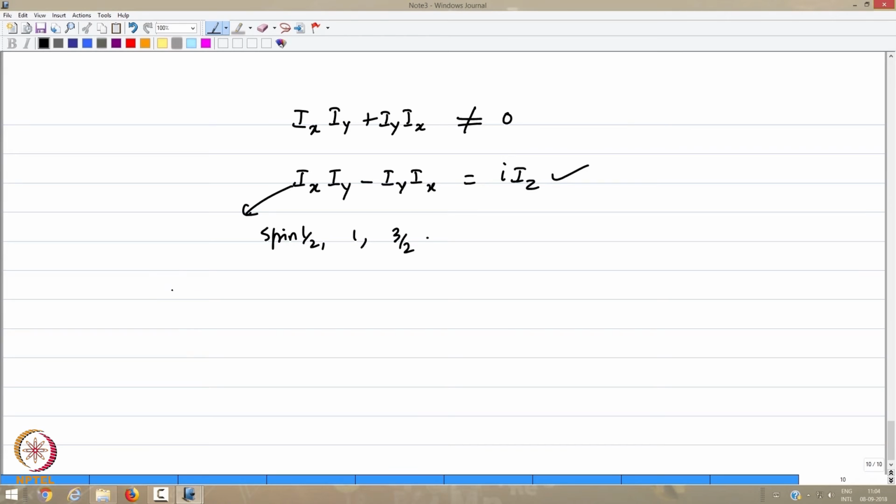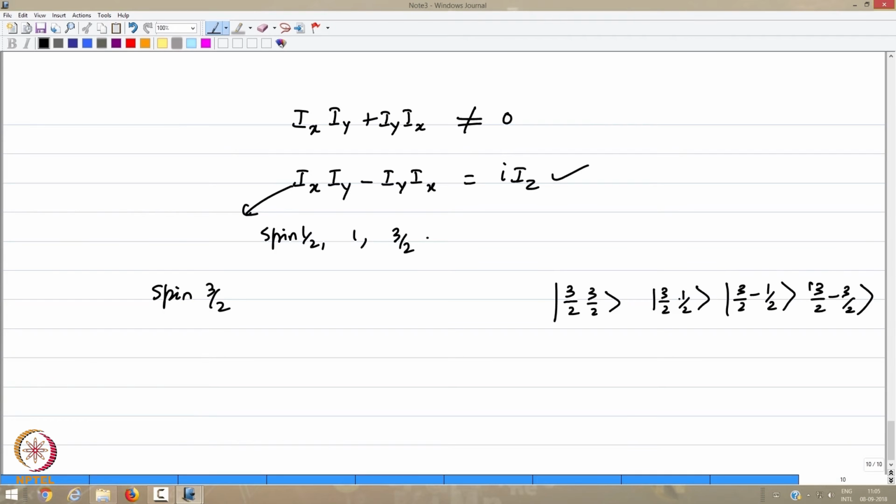If the system is a spin 3 half system, the chlorine 35 nucleus has a nuclear magnetic moment that corresponds to a spin 3 half system. For spin 3 halves, we will have 4 basis functions: Im will be 3 by 2, 3 by 2; 3 by 2, 1 by 2; 3 by 2, minus 1 by 2; and 3 by 2, minus 3 by 2.